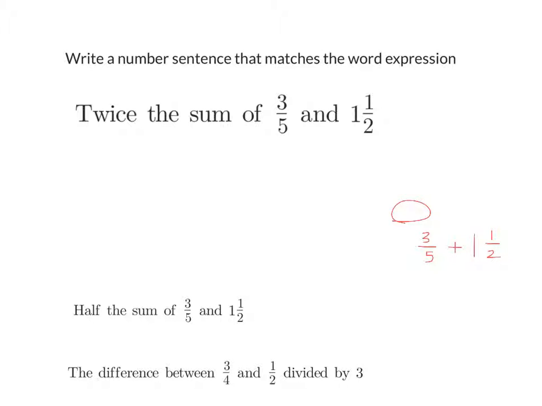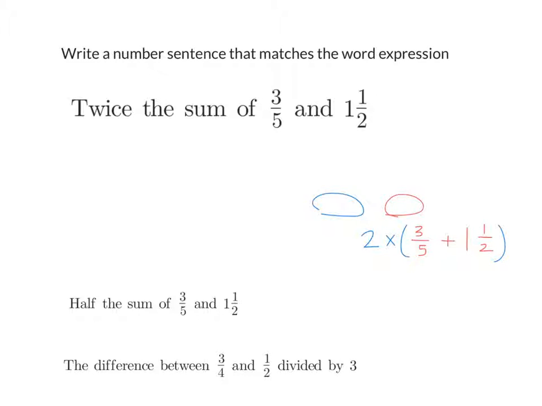What other math words jump out at you saying, hey, I am important, pay attention to me? Twice. When I do twice, what am I doing if I find twice of something? I'm making two copies. So I'm making two copies of the sum of 3/5 and 1 1/2. So those are the numbers that match those words.